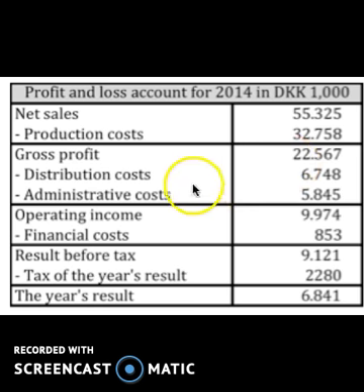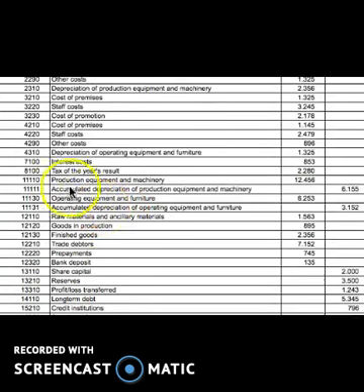In order to know the operating income, we have to take the gross profit and subtract distribution cost and administrative cost. Then we get the operating income of 9,974. Then we have to subtract financial cost, which is interest cost in this one.